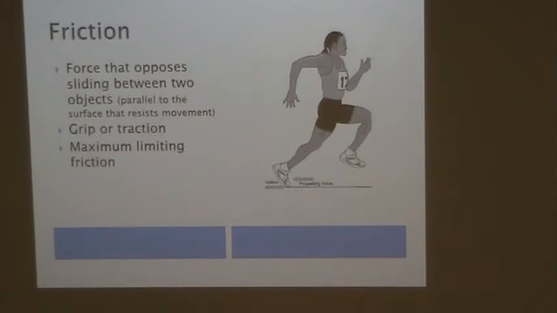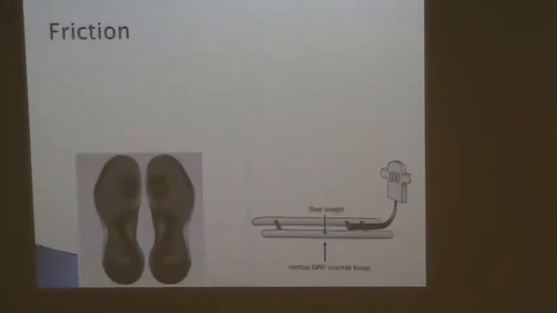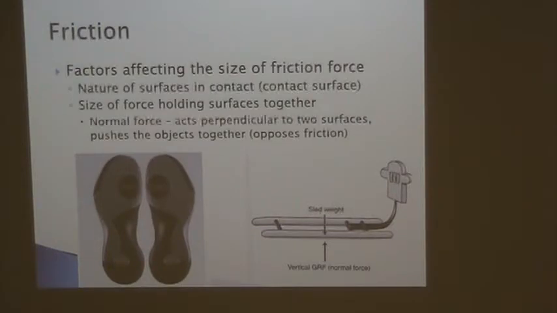Okay, and it could vary on the skill, as we've seen. It could vary on the situation. And in fact, if we look at things that can affect the size of the friction force, we can look at two major things. One thing we look at is the nature of the surfaces contacting each other.